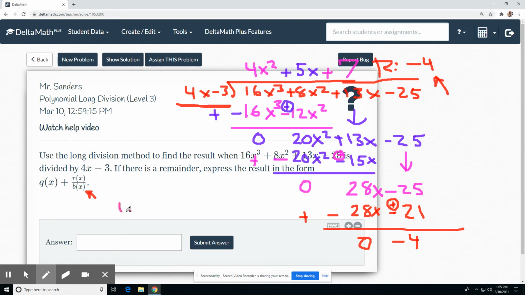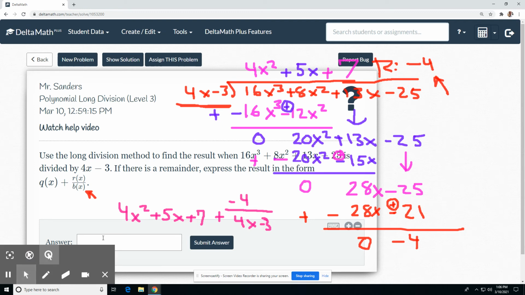Final answer: 4x squared plus 5x plus 7, and then plus our remainder, negative 4 out of the 4x minus 3.